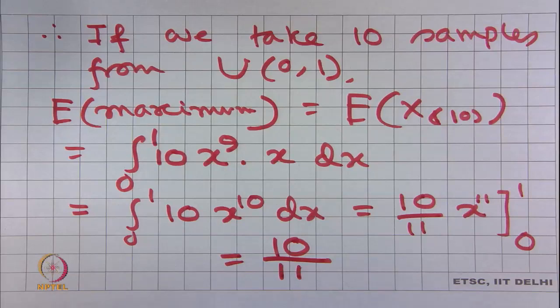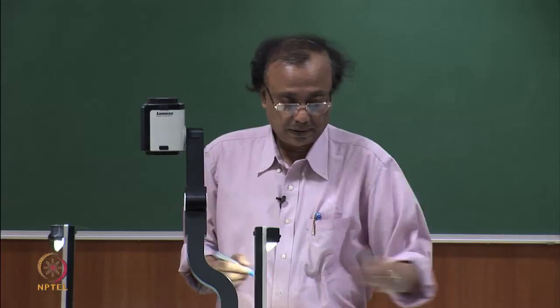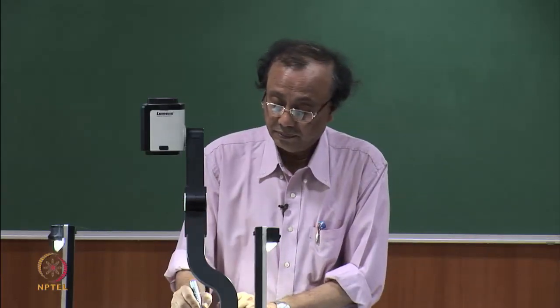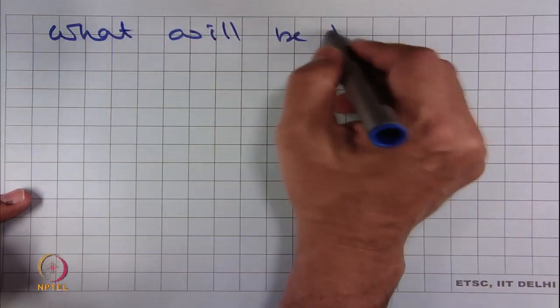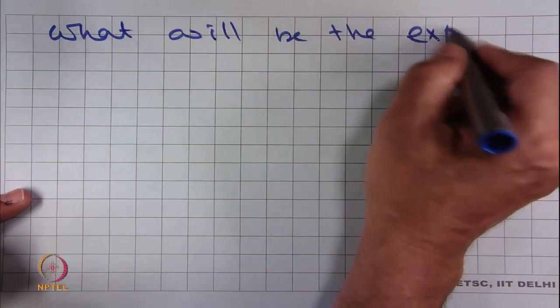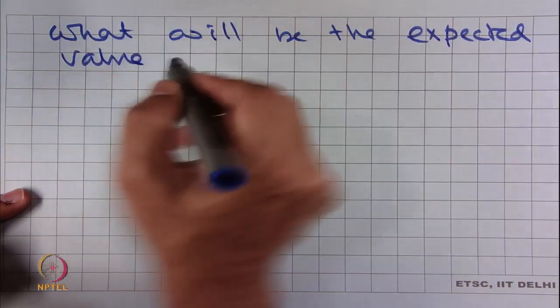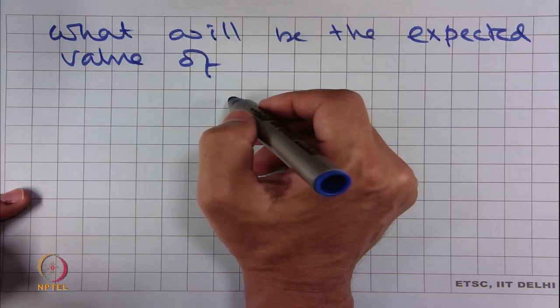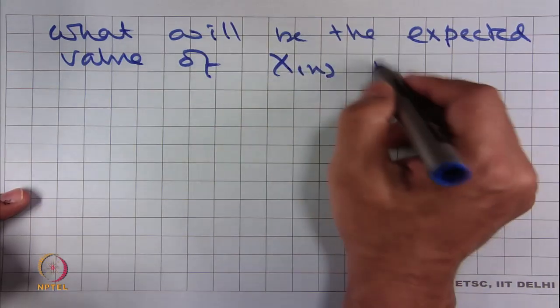Can you from here guess what will be the expected value of X_n in general?